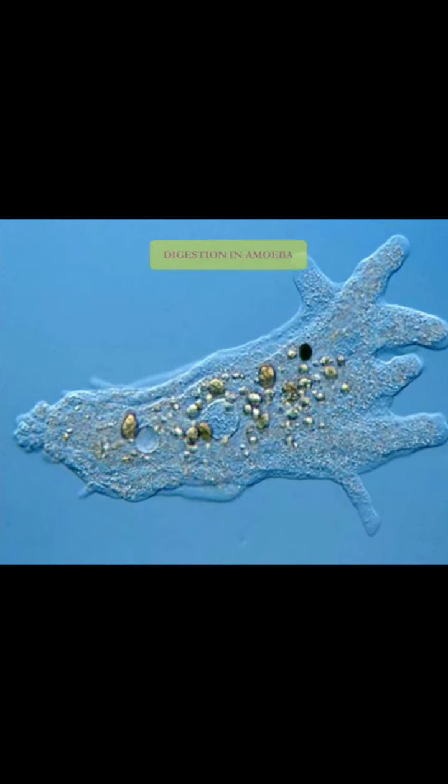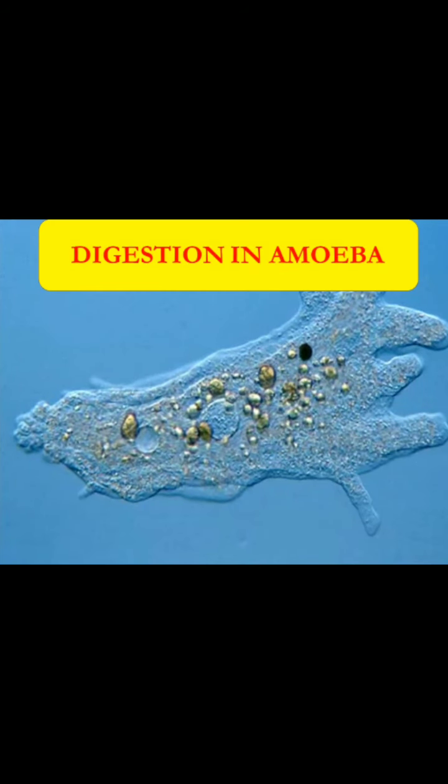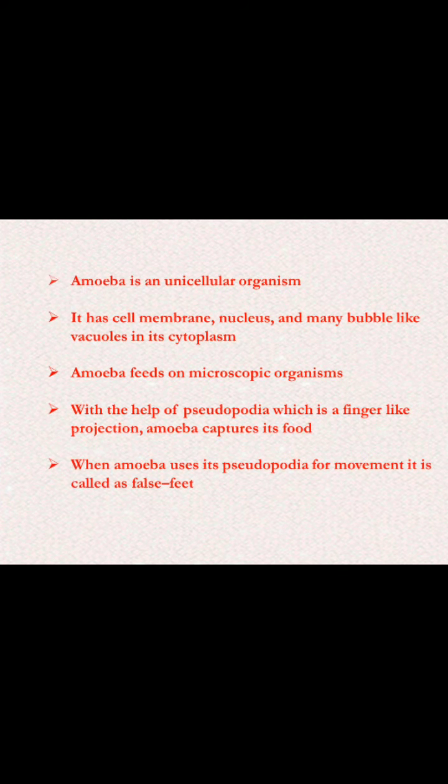Now students, we are at our last topic, that is digestion in amoeba. Amoeba is a unicellular organism which lives in pond water. It is so small that we cannot see it without a microscope.